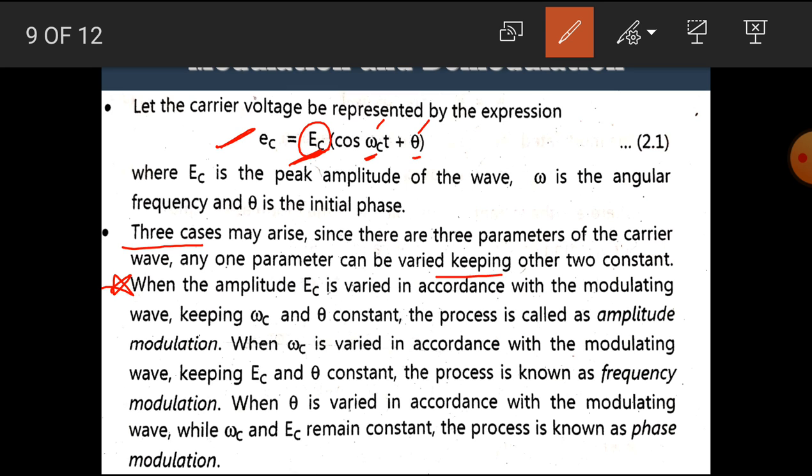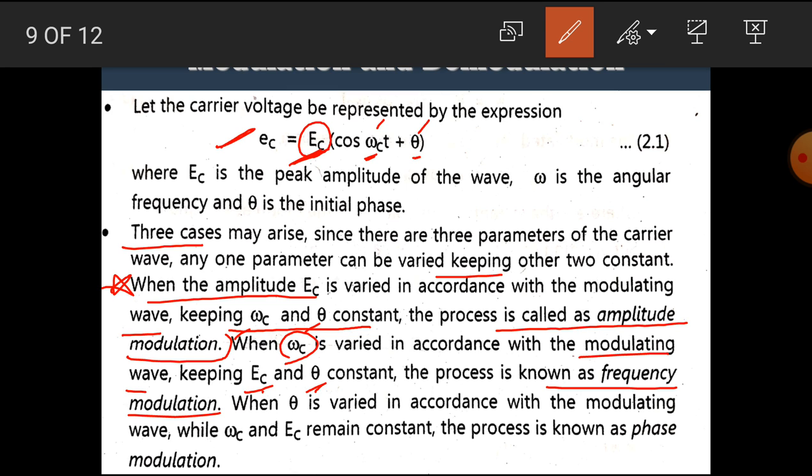Let's see once again. When the amplitude E_c is varied in accordance with the modulating wave, keeping ω_c and θ constant, that means keeping frequency and phase constant, the process is called amplitude modulation. When ω_c is varied, that means when the frequency is varied in accordance with the modulating wave, keeping E_c and θ, that means keeping amplitude and phase constant, the process is known as frequency modulation.